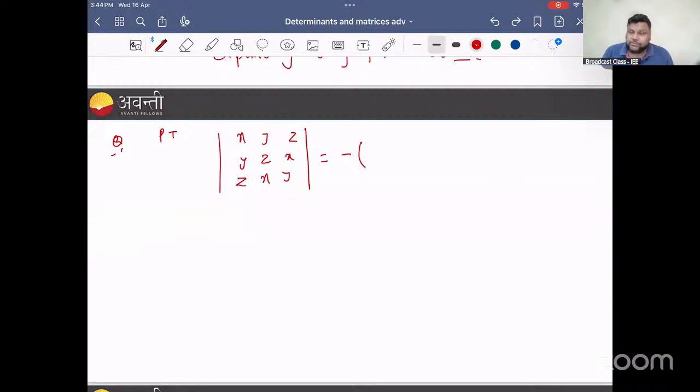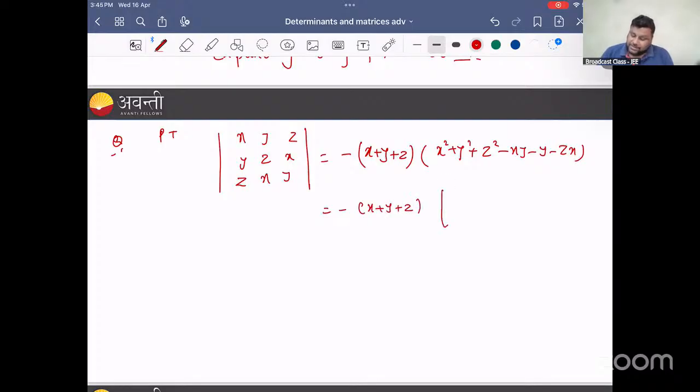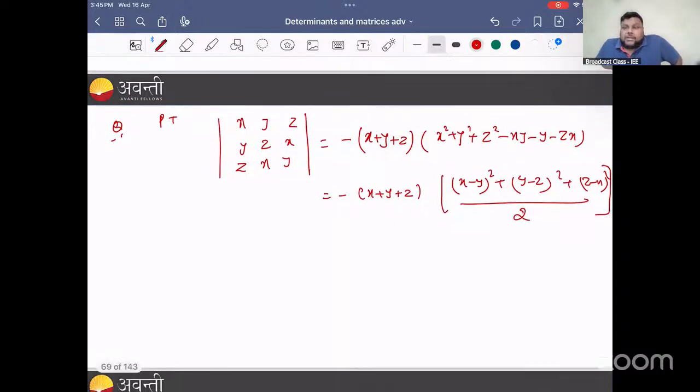Now, this is equal to, with a negative sign, (x plus y plus z)(x square plus y square plus z square minus xy minus yz minus zx). And more importantly, this is also equal to (x plus y plus z) into ((x minus y) whole square plus (y minus z) whole square plus (z minus x) whole square) upon 2. You guys give it a try. I'll be back in a moment.